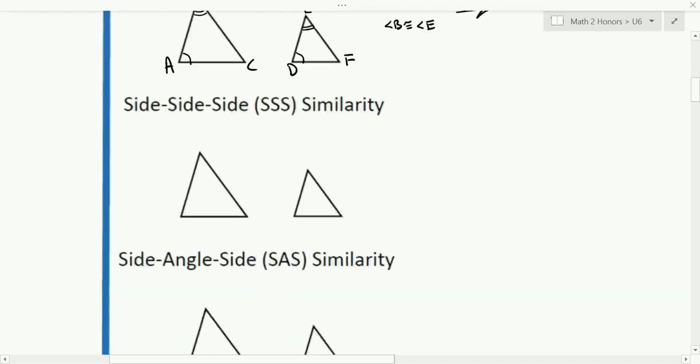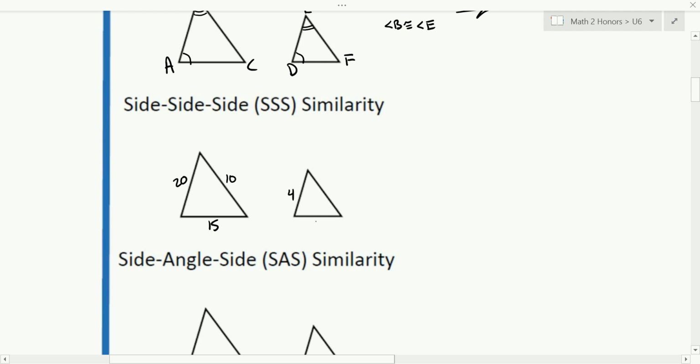Here we know nothing about the angles. We just know about the sides. So let's say we had this, starting with a larger triangle, say we had 20, 15, and I don't know, 10. Okay. And over here, let's go with 4.